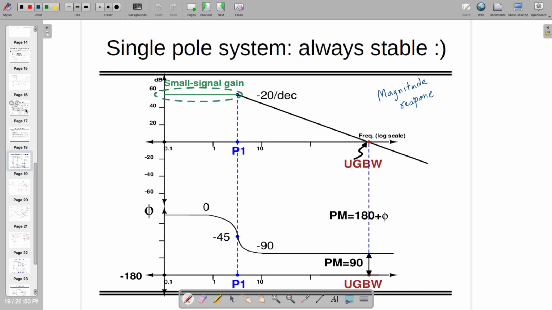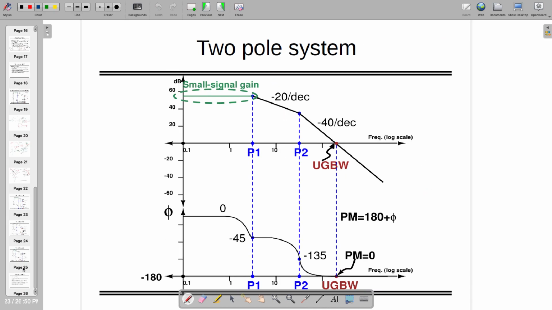If it is a single pole system with minus 20 dB per decade, at UGBW you are going to see 90 degree. If there are 2 poles, you are going to see 0 degree. All good? If there are 2 poles, the first pole gives you 0 degree, and at infinity minus 90 degree.